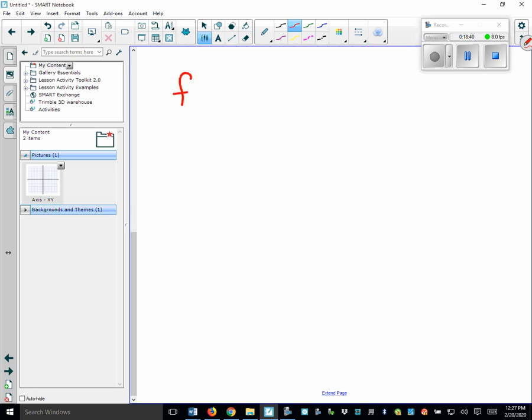Do you know what this is called? Please quit talking. What is this called? The difference quotient.